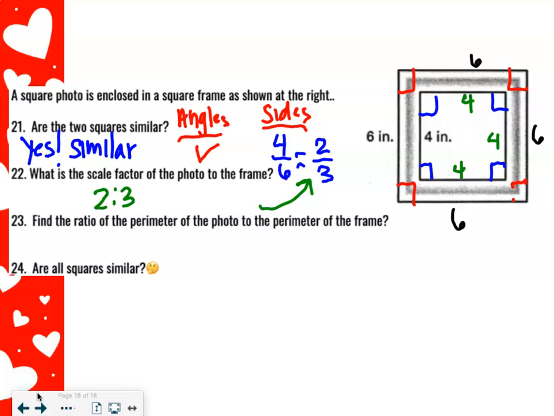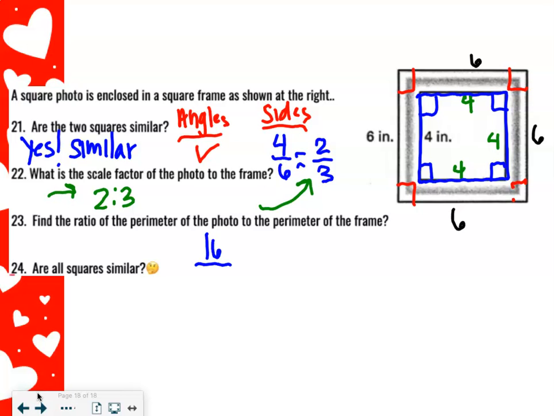Find the ratio of the perimeter of the photo to the perimeter of the frame. So this will be a good chance for me to show you that it's going to be the same thing that we got for our scale factor, but let's just do it quick because we can. So if I want the perimeter of the small one, what's 4 plus 4 plus 4 plus 4? Well, that's 16.